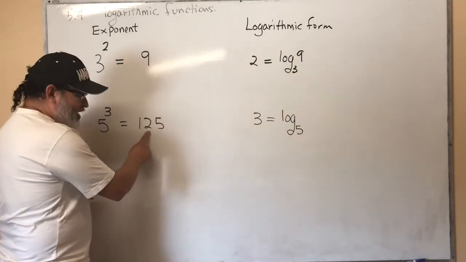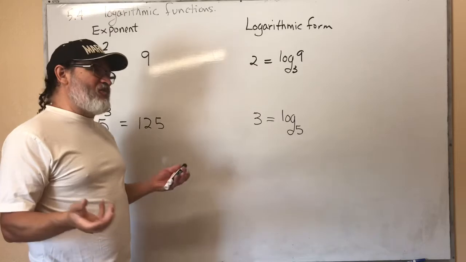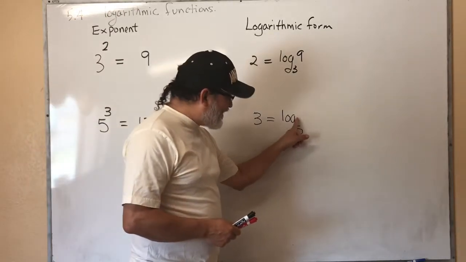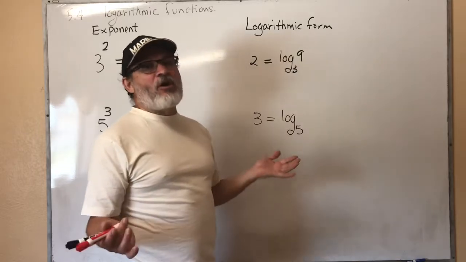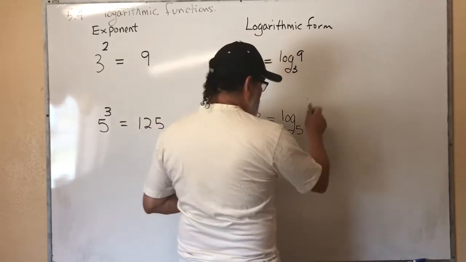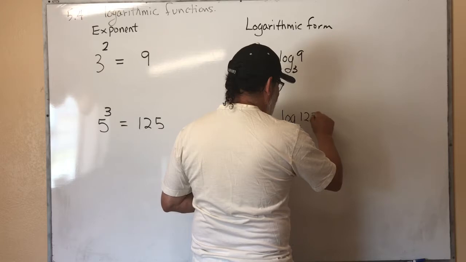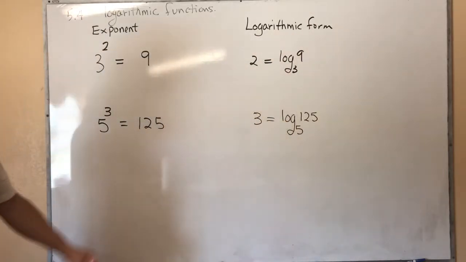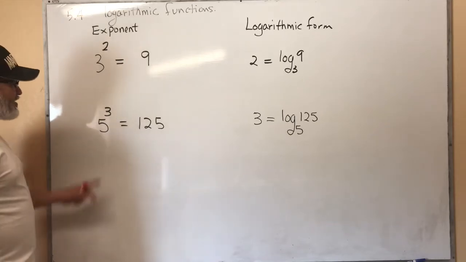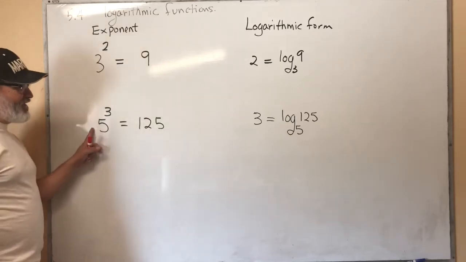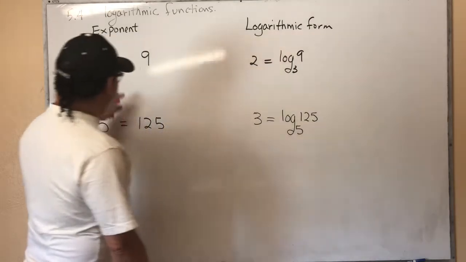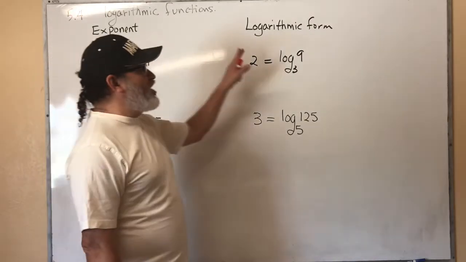This 125, I call it the argument. You can also call it the product, but when you put it in there, it becomes the argument of the logarithm. There you go. So we have expressed this as a logarithm.